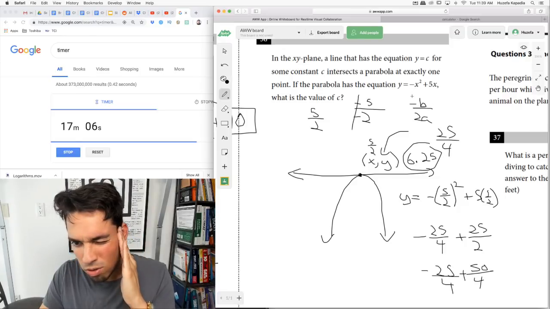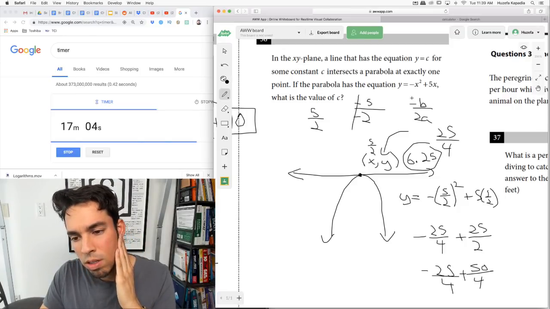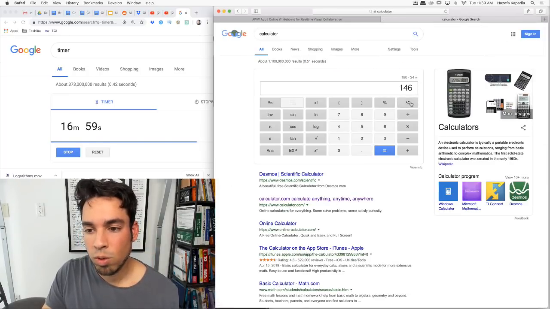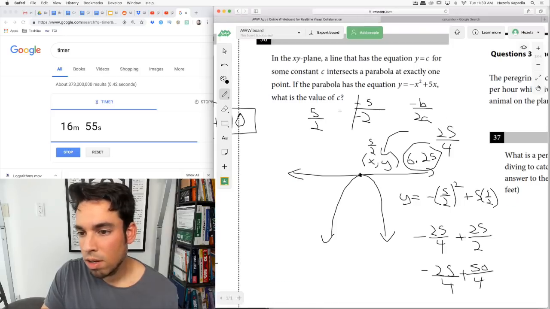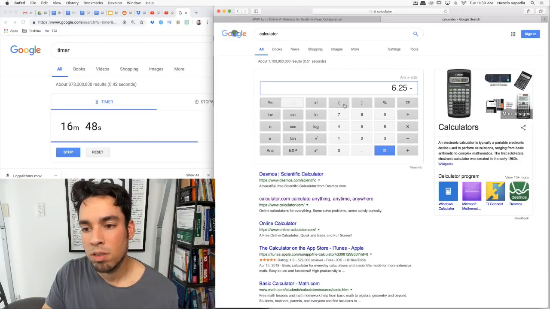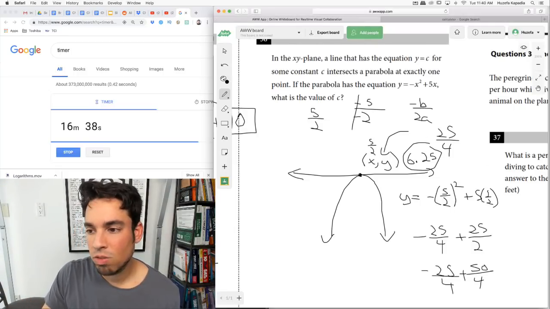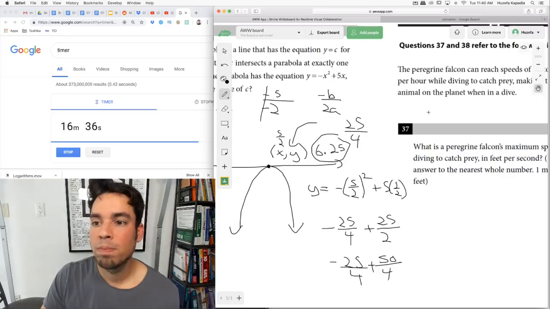Negative 5 over 2, and then, okay, so 2.5 squared. I know it's 6.25, but just to be safe. I just sort of checked it, but I did the signs backwards, but it is positive 6.25. And you can't have a negative for these.